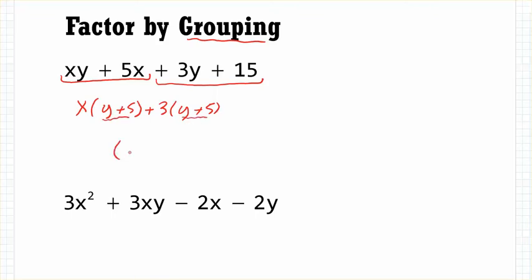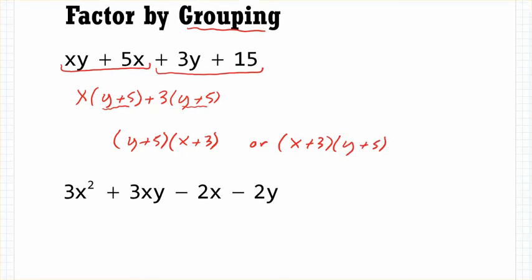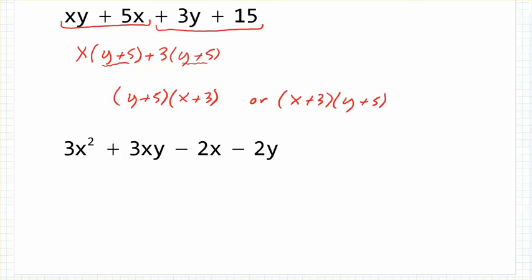We can factor that out. Y plus 5 times x plus 3. The order of these binomials does not matter. We could write it, if you wanted, x plus 3 times y plus 5. Either way would work.